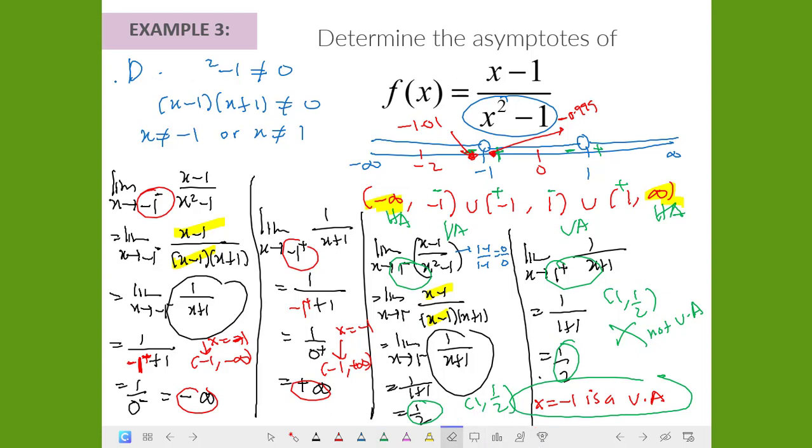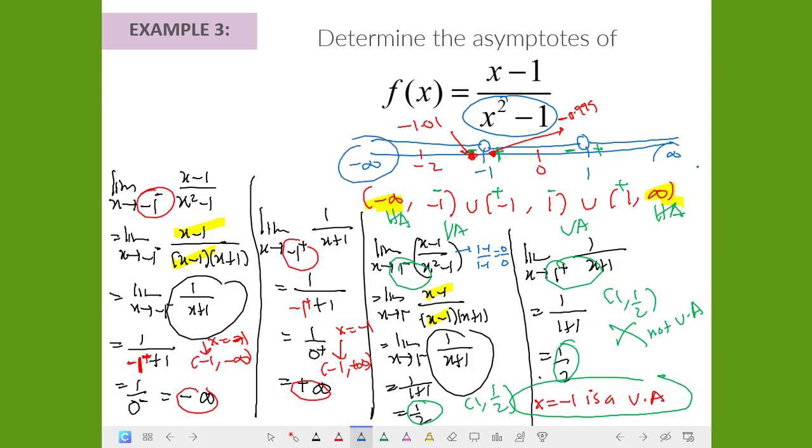Try to find the behavior when x tends to negative or positive infinity. Limit as x approaches negative infinity or positive infinity of (x minus 1) over (x squared minus 1). Substitute: infinity over infinity, an indeterminate form. You have to divide by the highest power of the denominator, x squared.